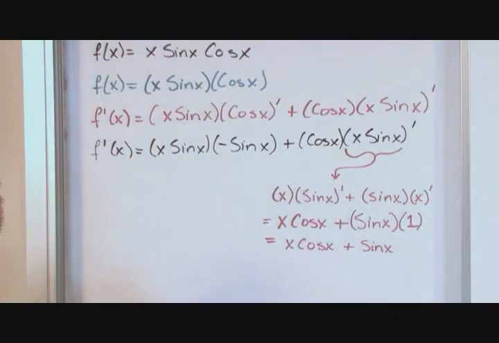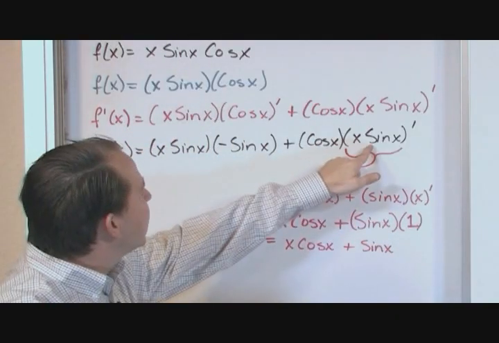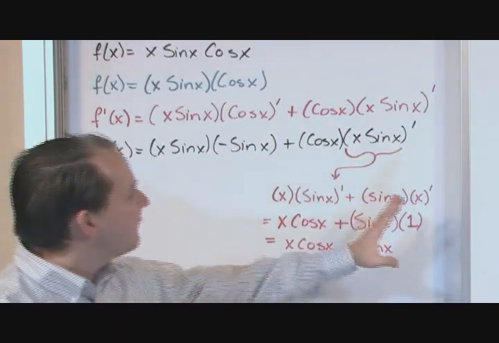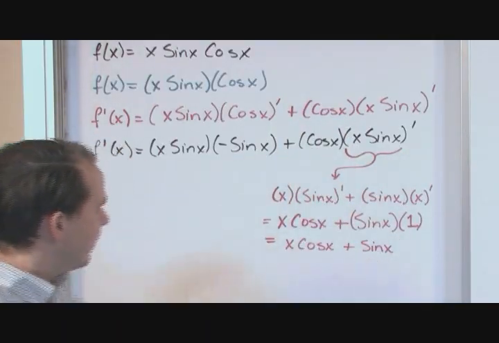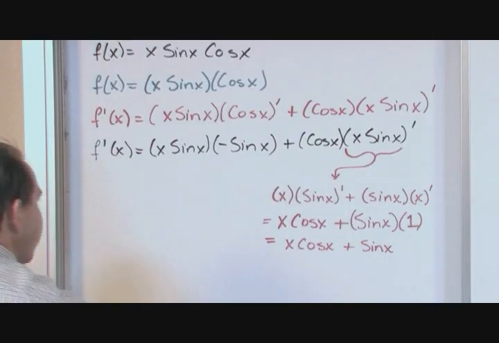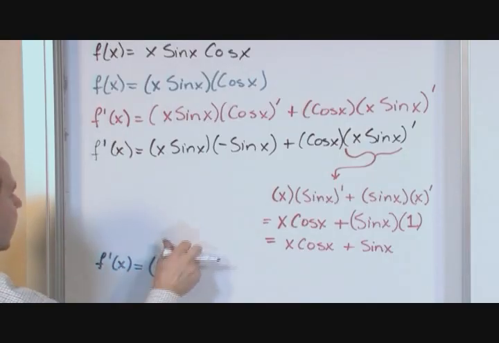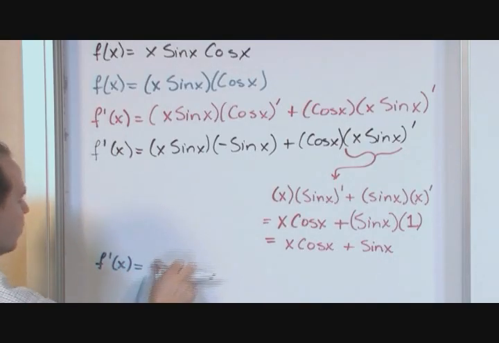So you see, we've rewritten it, we've gotten it down to this point. We recognize that to take this derivative, I need to use the product rule again. So I go off to the side of my paper and I do that and I get this. So now when I go back and reintegrate that into my problem, f prime of x is equal to, let me take off the parentheses now because there's really no need for them anymore.